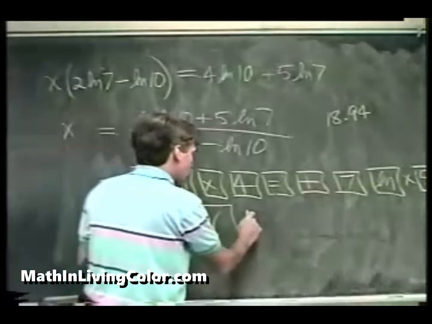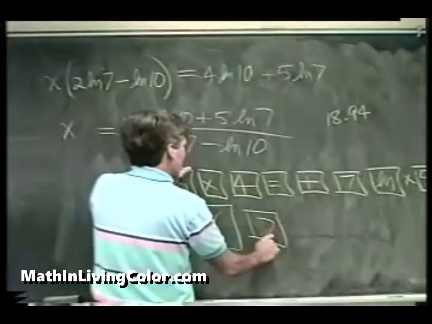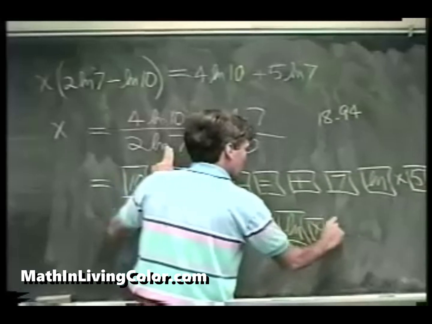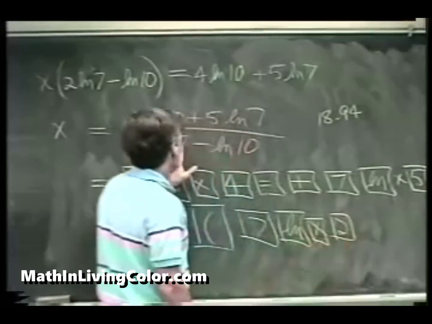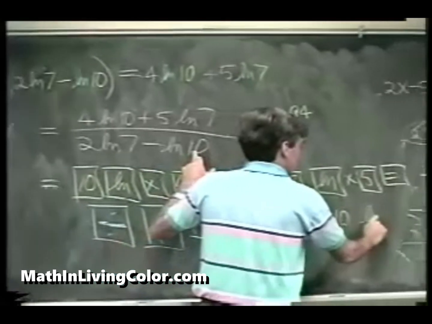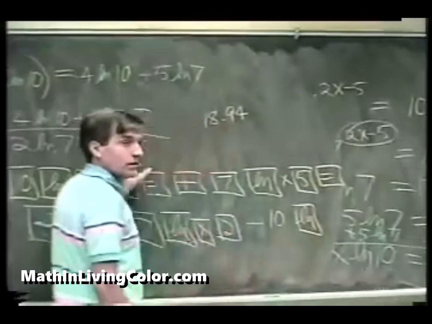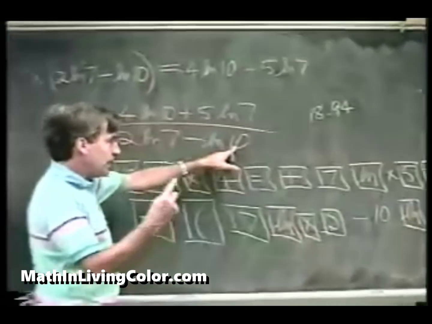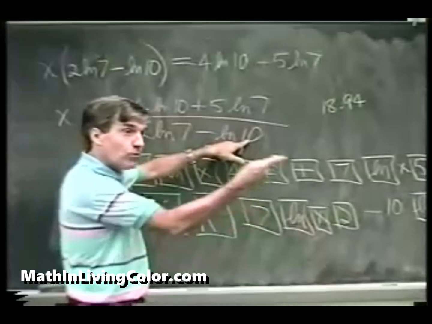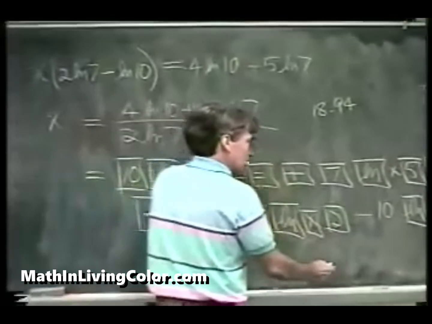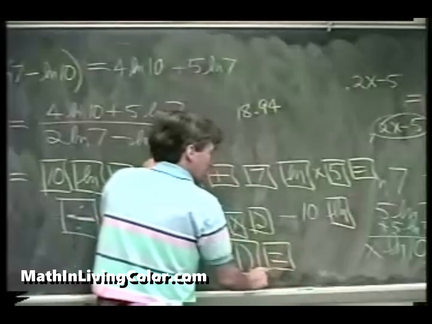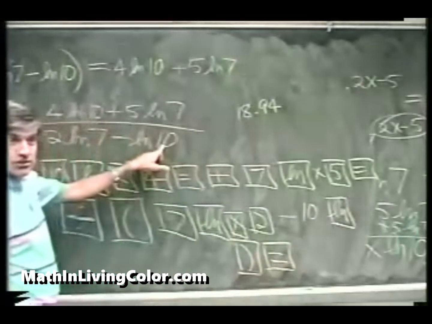Now let's start with 7 ln, all right, times 2, and then minus 10 ln, and then if you just go equals, it'll give you the answer. But probably you'd want to close the parentheses, and then say equals. And I hope that gives you the right answer.